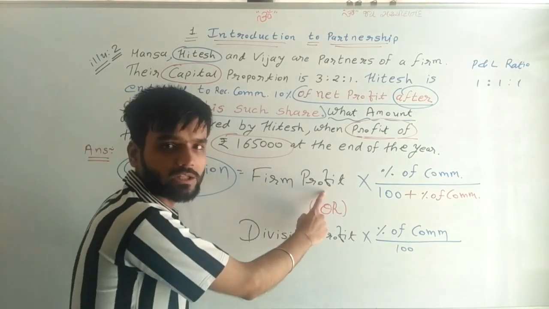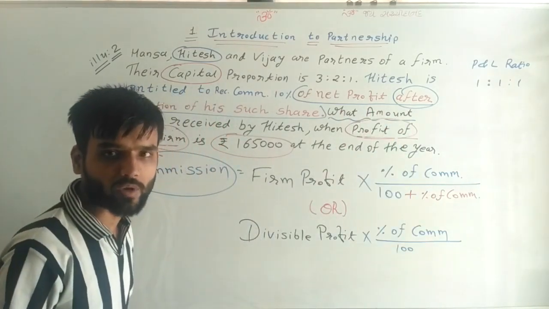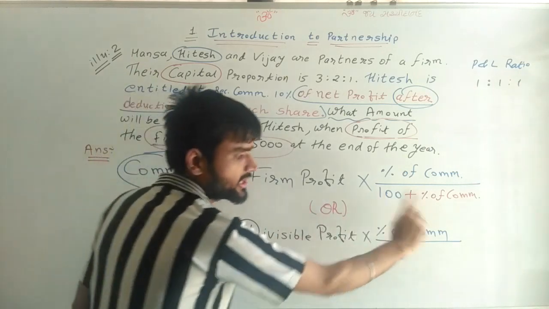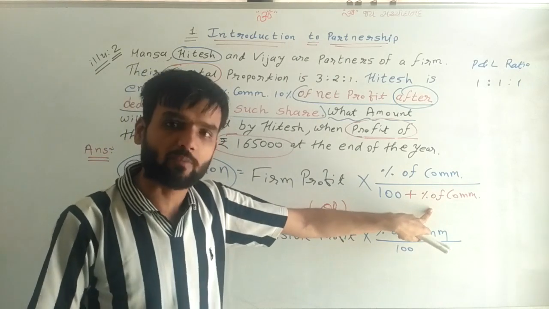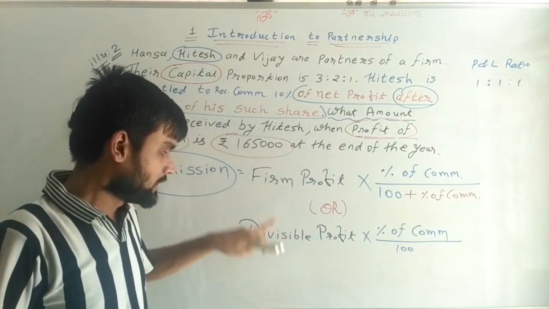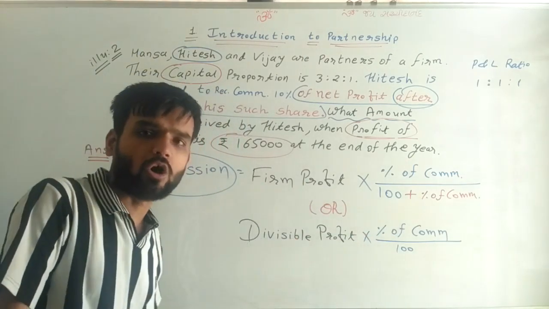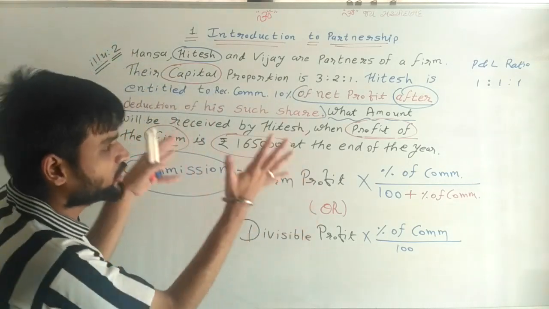If firm profit is given, then firm profit into percentage of commission divided by 100 plus percentage of commission, or divisible profit into percentage of commission divided by 100. The only difference is that plus percentage of commission is added only when firm profit is available. If it is divisible profit, then we don't need to add plus percentage of commission.